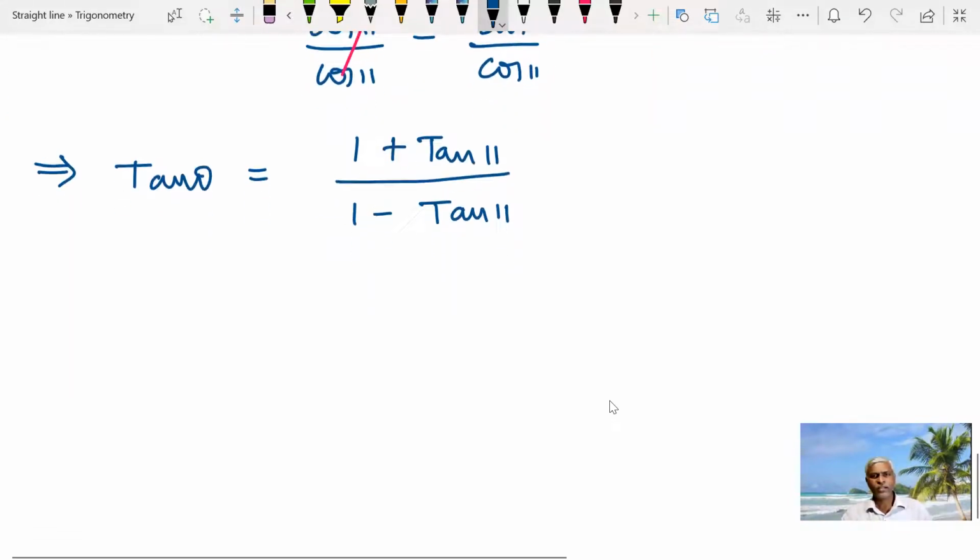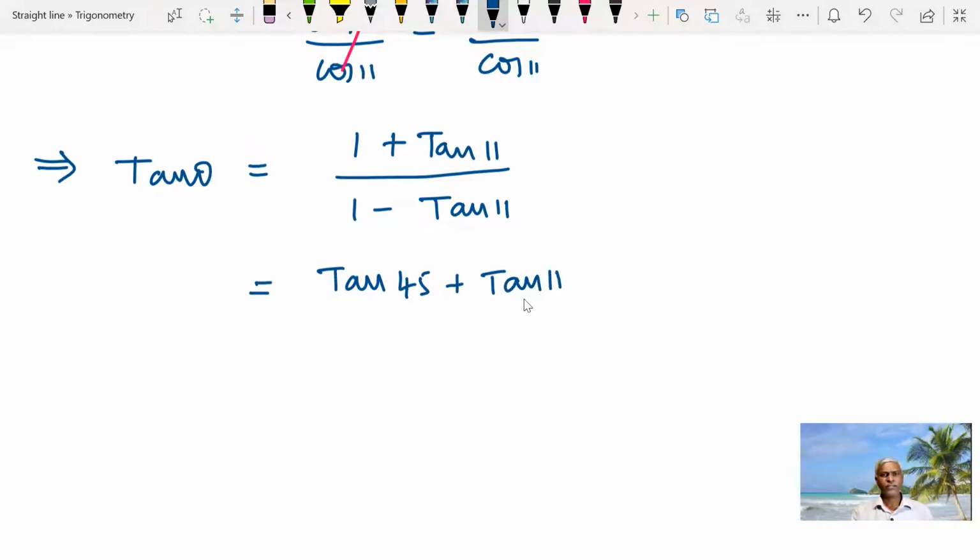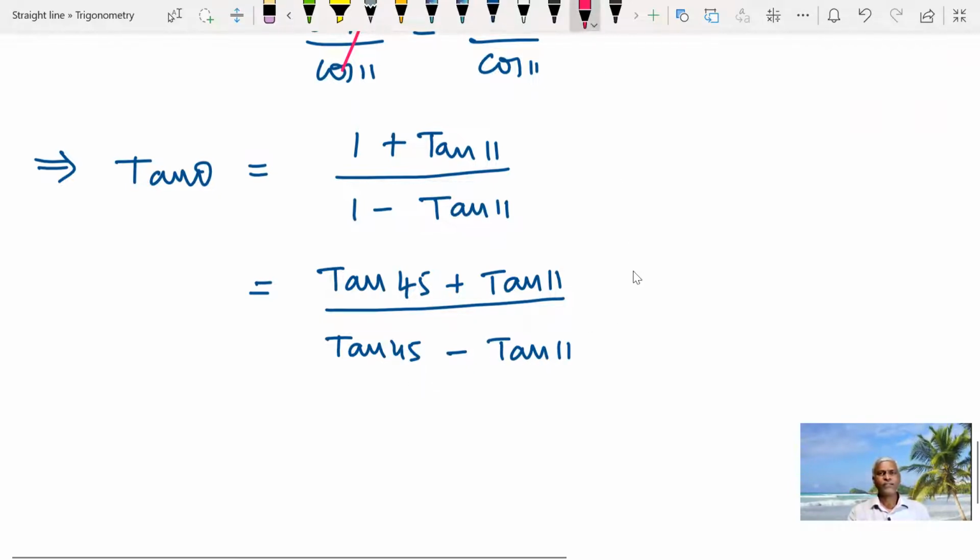So 1 can be written as tan 45. Replace 1 with tan 45 plus tan 11. This is also tan 45 minus tan 11.